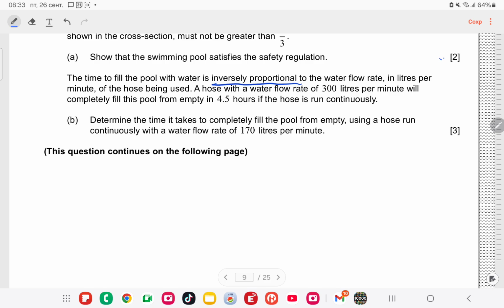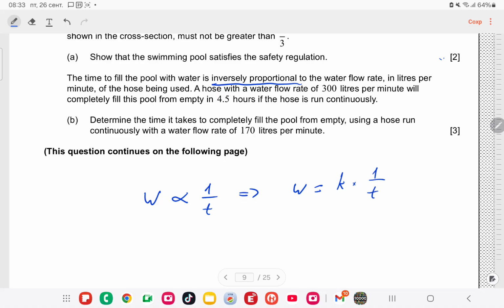So the flow rate W is inversely proportional to the time, using this sign. It means that W is equal to K, the proportionality coefficient, multiplied by 1 over T.